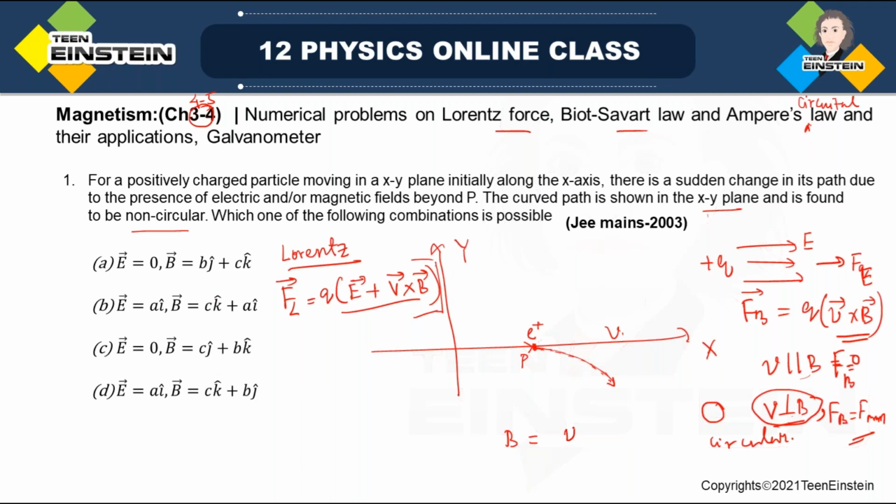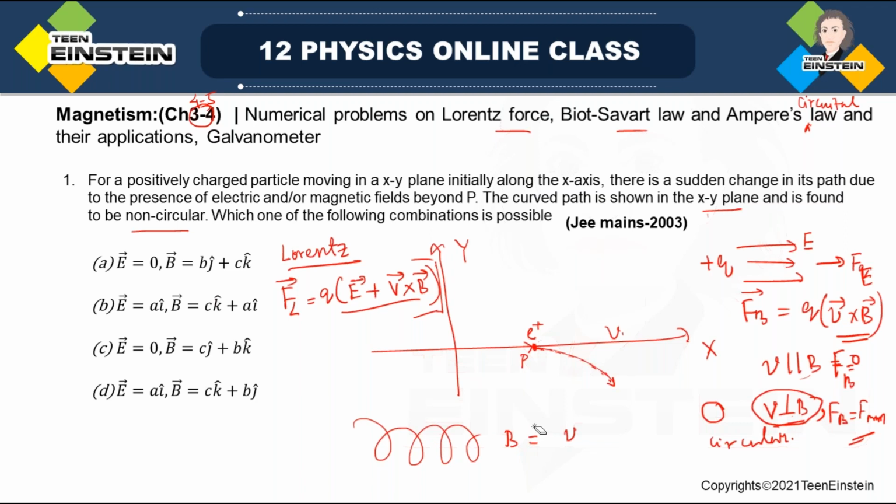So if this magnetic field vector has a component along this direction, or there is an electric field along the x direction, then it will not be a circular path. It will actually be a spiral like this. In this case, this is not a circular curve, it is actually a spiral curve.